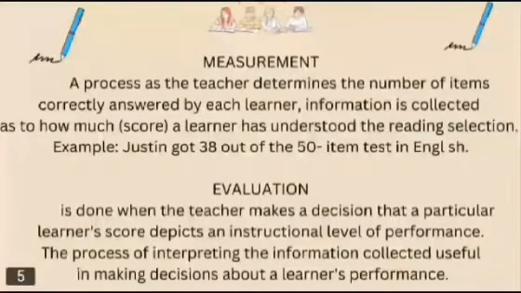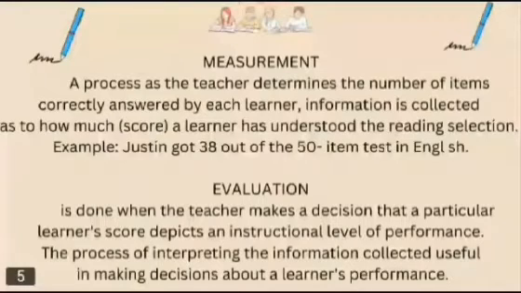Evaluation is done when the teacher makes a decision that a particular learner's score depicts an instructional level of performance. It is the process of interpreting the information collected, useful in making decisions about a learner's performance.